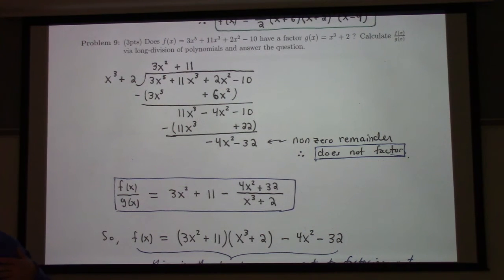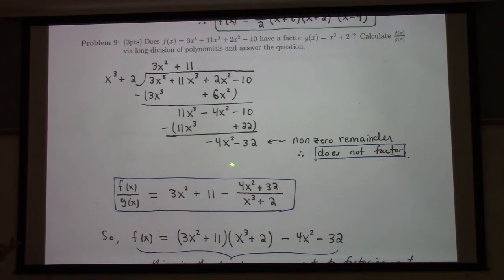Well, I'm not sure what to call it, but the bottom line is, if we divide f of x by g of x, and g of x actually was a factor of f of x, then the remainder should be 0, right?